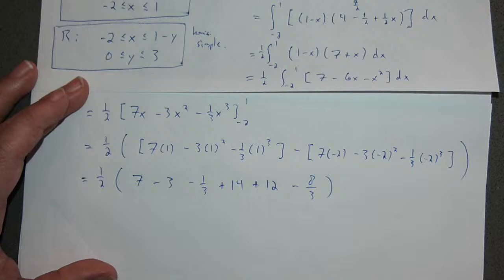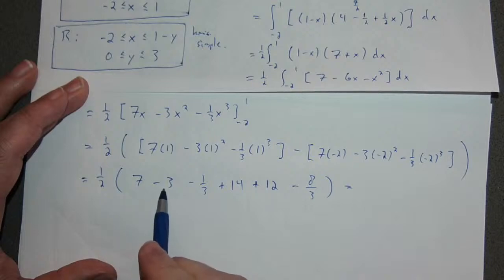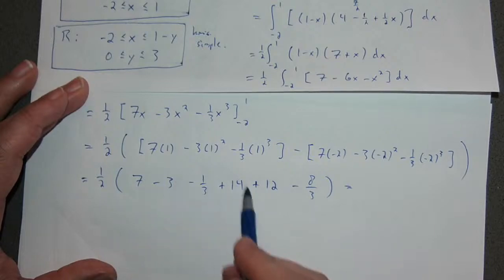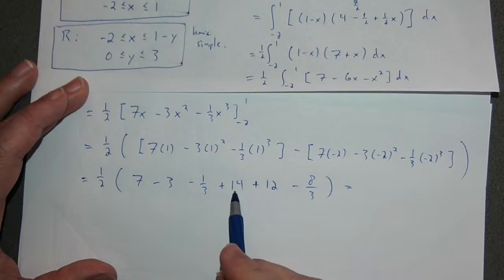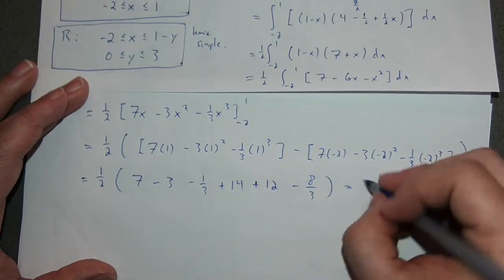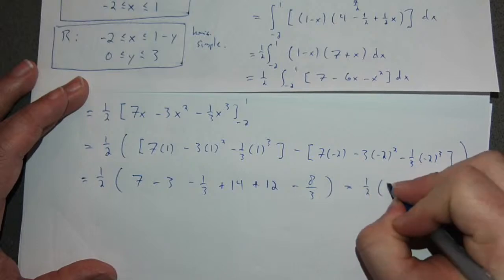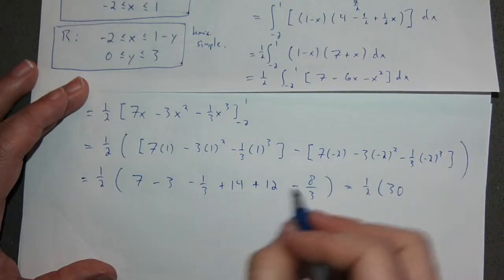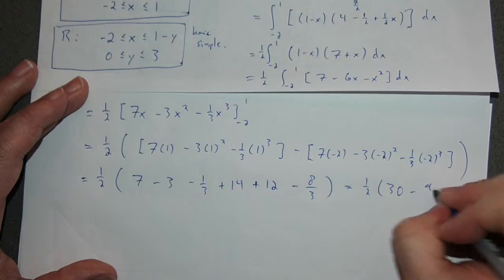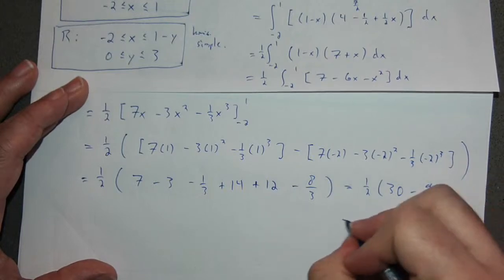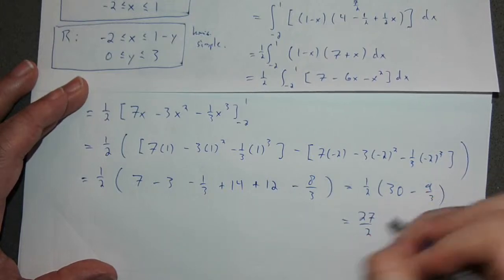Okay, so let's track through this. This is 7 minus 3 is 4, plus 14 is 18, plus 12 is 30. So this is 1/2 times 30 minus 1/3 minus 8/3, which is minus 9/3. That's 30 minus 3, so this is 27/2.